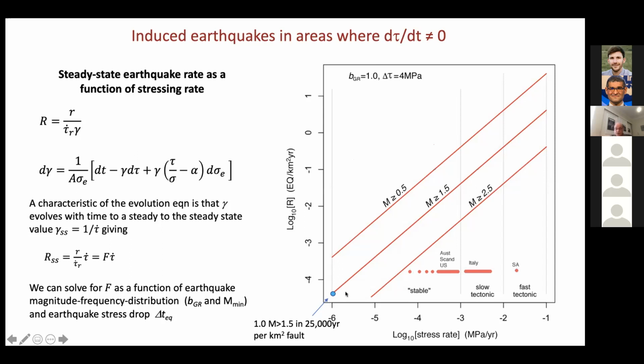And the seismicity rates become very low. Just for example, this point right here: for earthquakes of magnitude 1.5 and larger, you only get one earthquake per square kilometer of fault in 25,000 years.